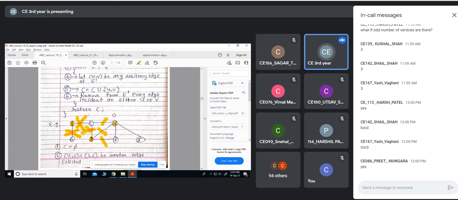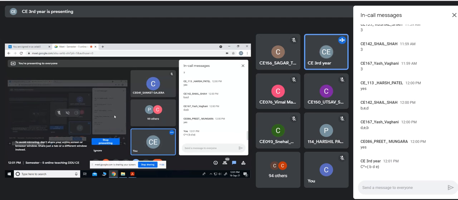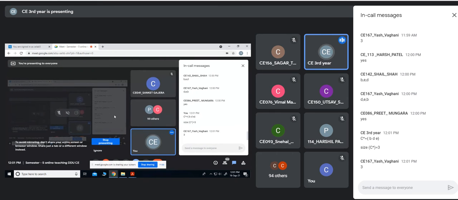So this is the optimal answer, remember this is C star, B, E, D or B, D, E, whatever. We generally write the size of C star, because that matters. It's 3, so there are 3 vertices in an optimal answer. Definitely we will not get 3 in the approximate answer, because 3 is never possible via this method.